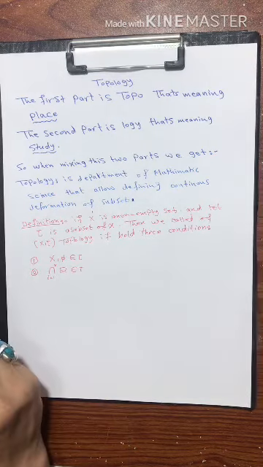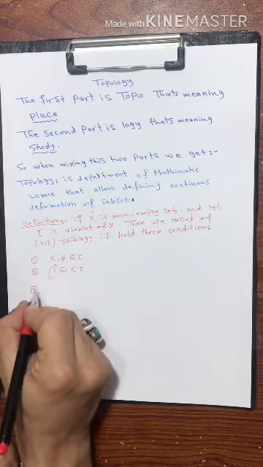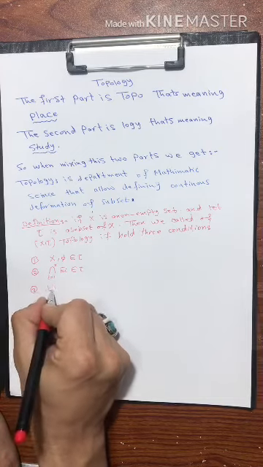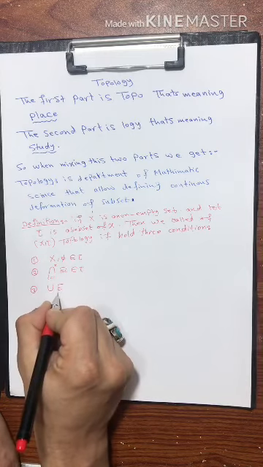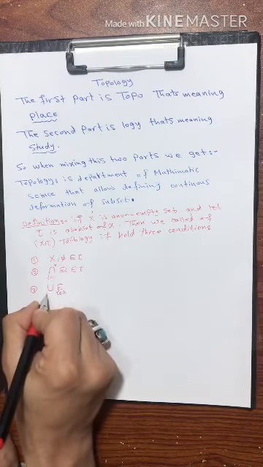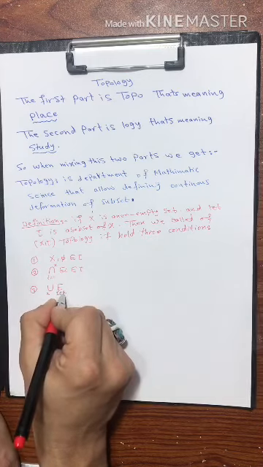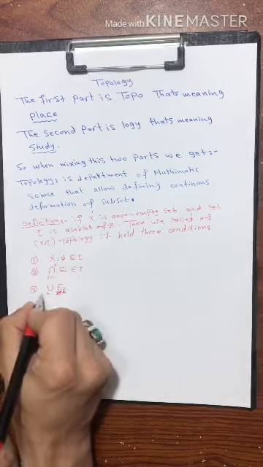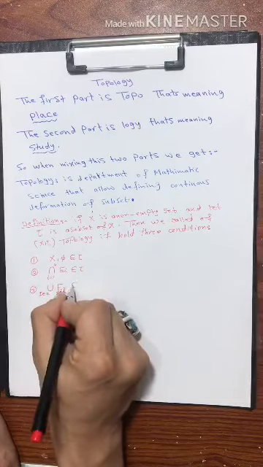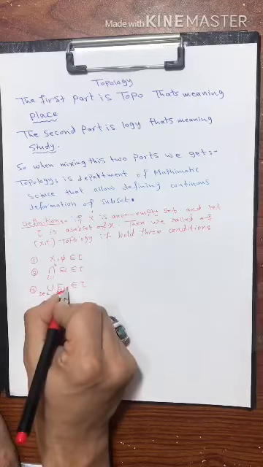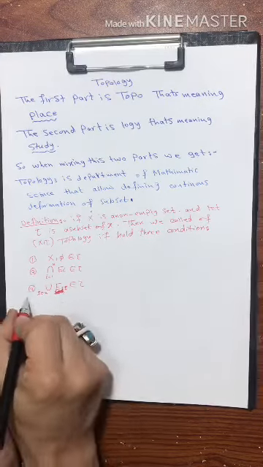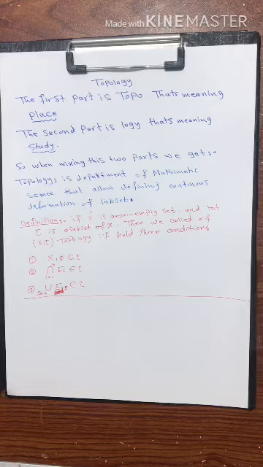Third condition: the union of all subsets E_i, i belonging to lambda, also belongs to tau. If these three conditions hold, then we call (X, tau) a topology.